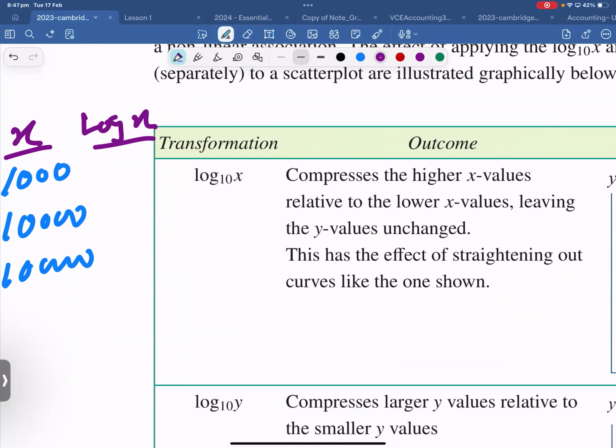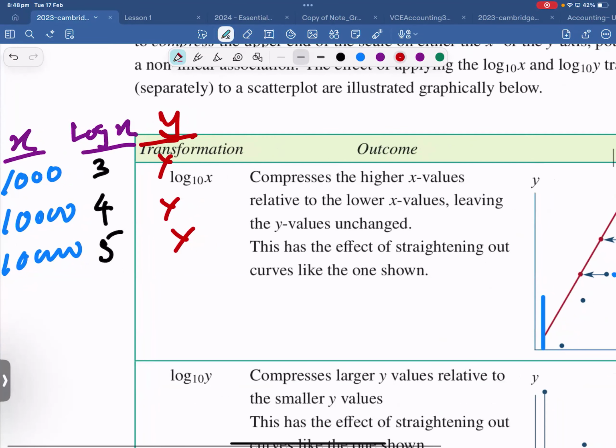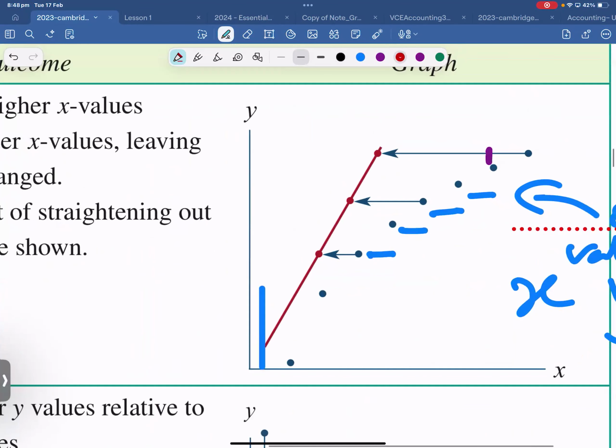So what is log x, guys? 3, 4, 5, and so on. Then you use the normal y value, y as normal. Then you get the values, and you can now plot it. As a result, you'll get this linear line.